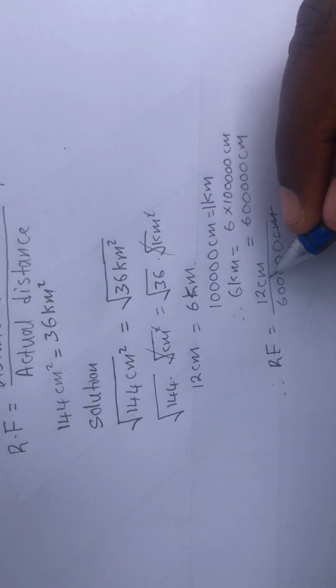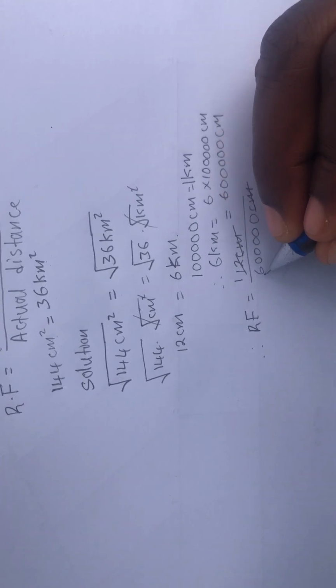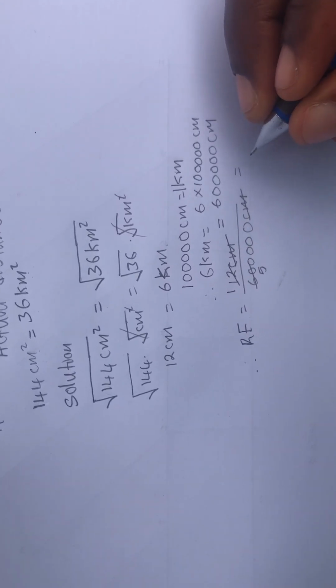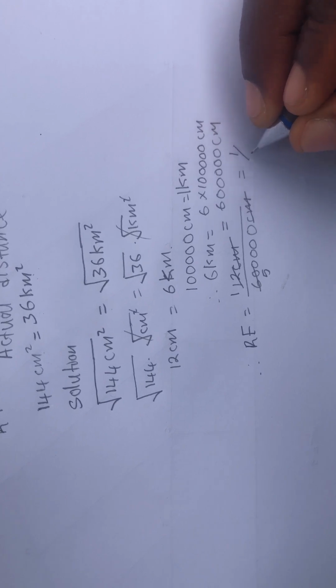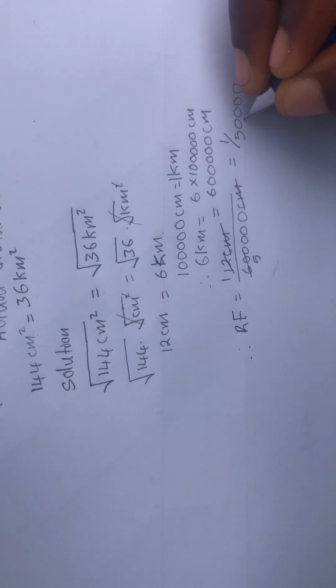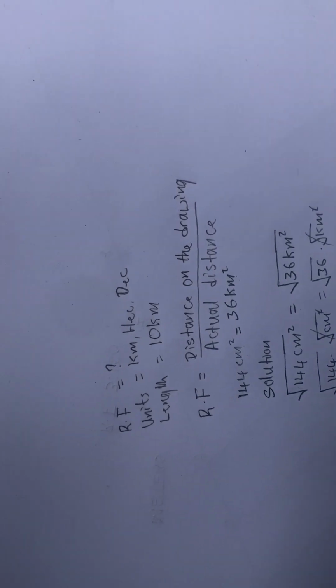So this centimeter will cancel this centimeter. 12 in itself here is 1. 12 in 60 is 5. So what we are going to be getting, our RF is 1 all over 50,000. So that is the RF for this question.